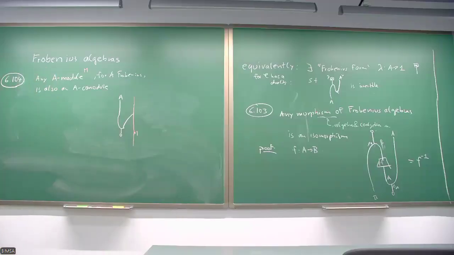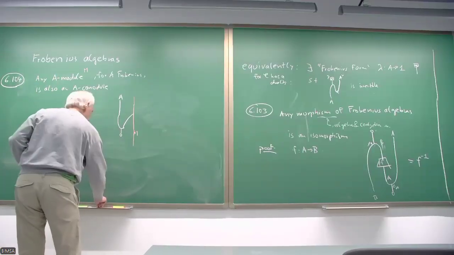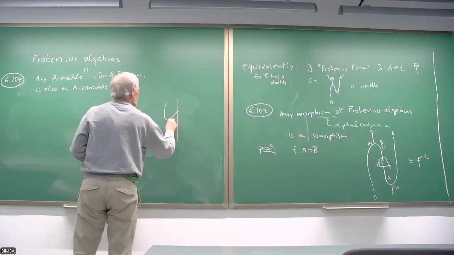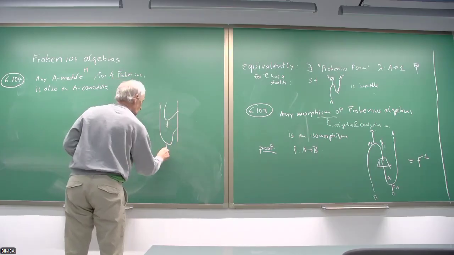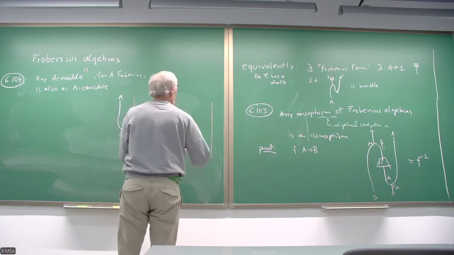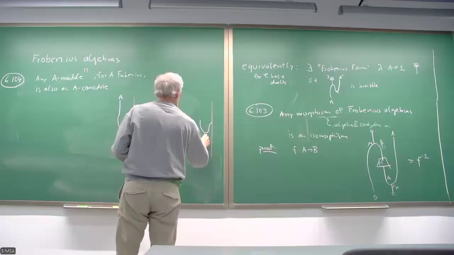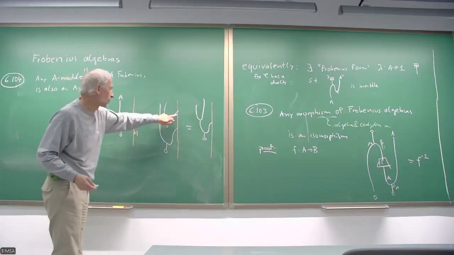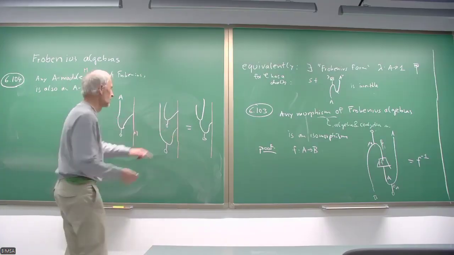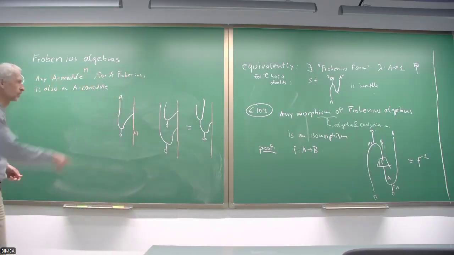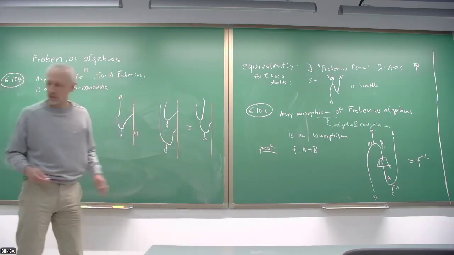Co-product and unit. Then for checking that this is indeed a co-action, what you have to do is show that this is the same as co-acting twice and then composing with the co-products, and that you show simply by using the representation property to bring these two together, and then you use Frobenius to complicate this picture.